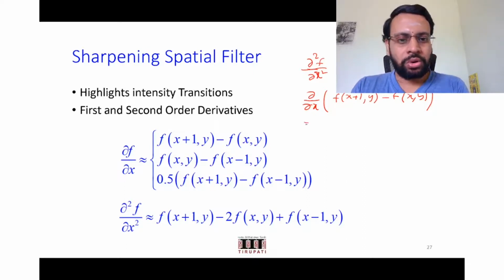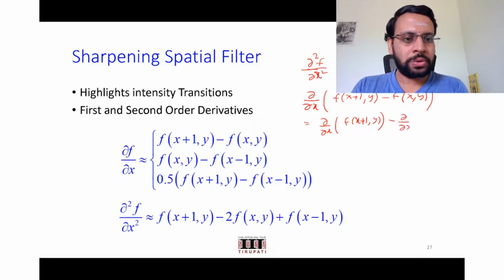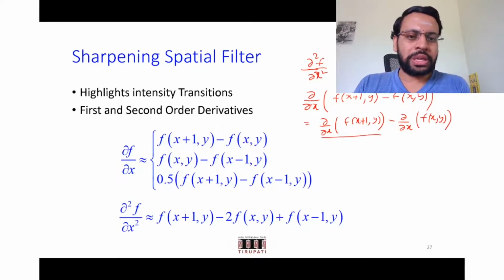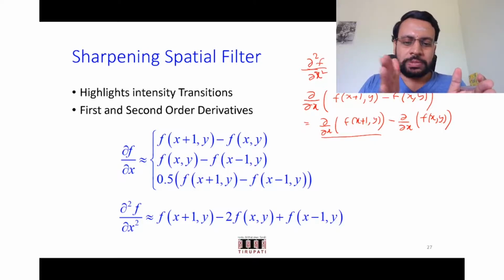Now how could you write this? Dou by dou x of f of x plus 1 comma y minus dou by dou x of f of x comma y. Now let's try, for a given pixel, to restrict to the extent possible to just x plus 1 and x minus 1.